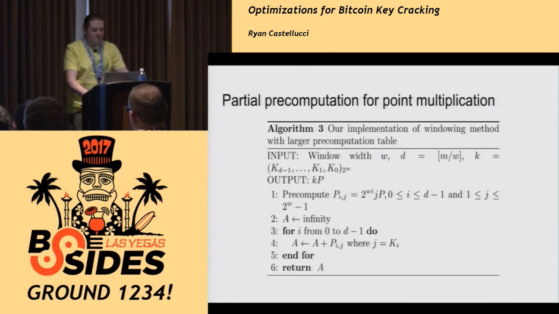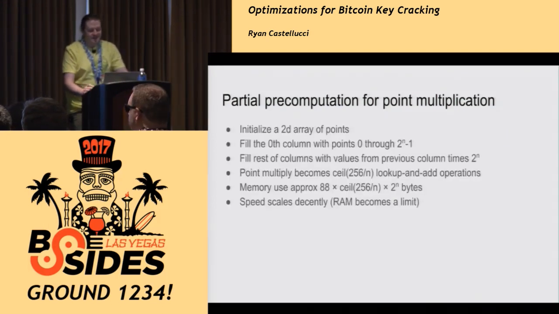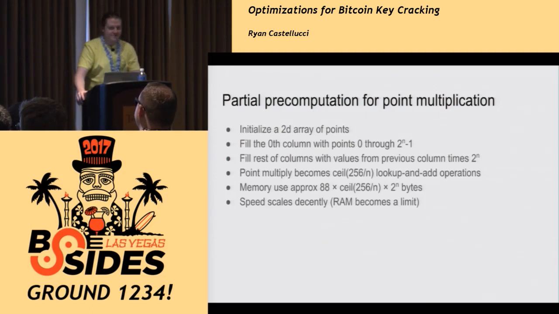Again, here's what that looks like in an academic paper. And here's what I came up with after staring at the explanation in the paper and the code for a while. You set up a 2D array of points. You fill the 0th column with the points for 0 through 2 to the n minus 1.